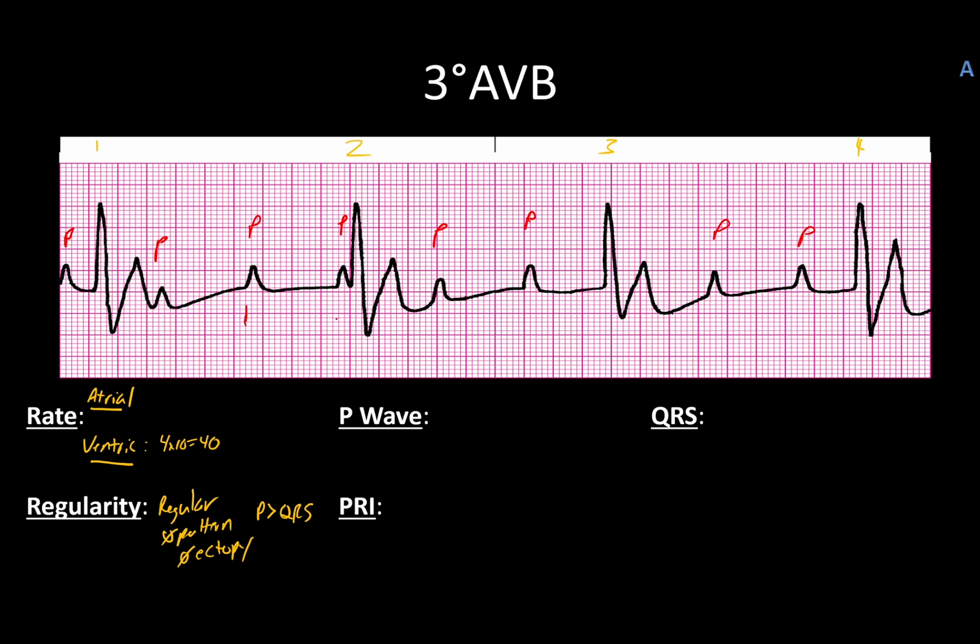From here to right about there comes out to 16. And we'll measure across here. That's also right at 16. So we know that the P waves are pretty regular.